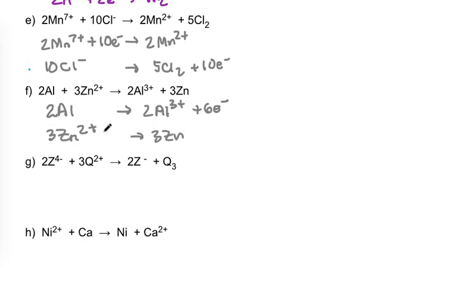Now this left is the high side. It needs 6 electrons to even it out. Made up elements, 2Z4 minus turns into 2Z minus. What do we have here? Minus 8 charge on the left, only minus 2 on the right. Minus 2 is higher. And the difference between minus 2 and minus 8 is 6 steps, so we need 6 electrons there.